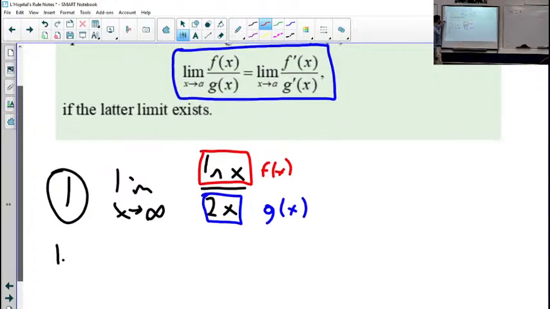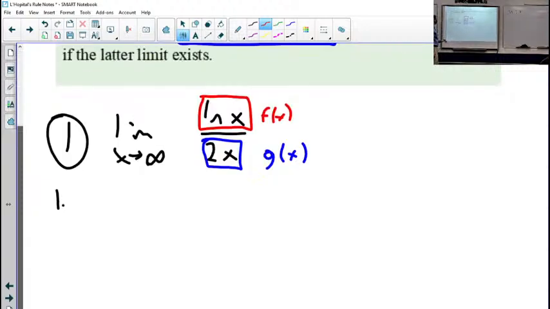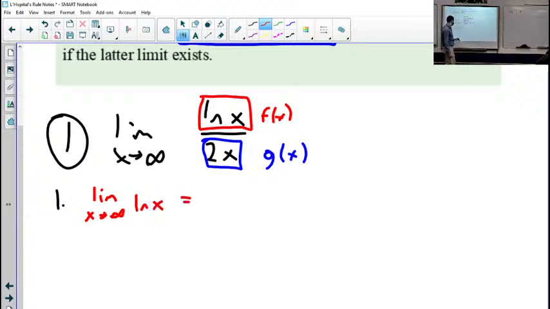What we're looking for is that our limit at the top would make an indeterminate form, and our limit at the bottom would make an indeterminate form. So we write that the limit as x approaches infinity of natural log of x.